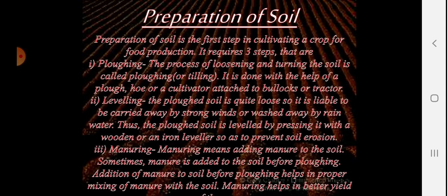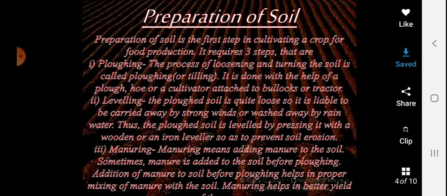So first it was the preparation of soil. As we discussed, in preparation of soil we need to do tilling or plowing. The preparation of soil is the first step of cultivation of a crop. It mainly requires 3 steps, which are plowing, leveling and manuring. Sometimes farmers add manure during plowing, so the soil is rich with all nutrients and nourishment from the beginning.